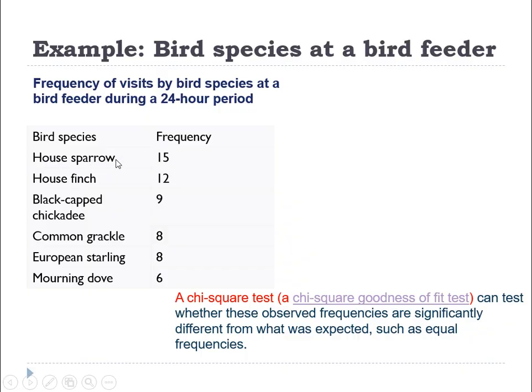You can see house sparrow has a frequency of 15 visits during a 24-hour period. House finch has a frequency of 12. So here you can see that we just have a measurement of one variable, and hence the first type, that is chi-square goodness of fit test, would be more suitable, right? To test whether these observed frequencies are significantly different from what was expected.